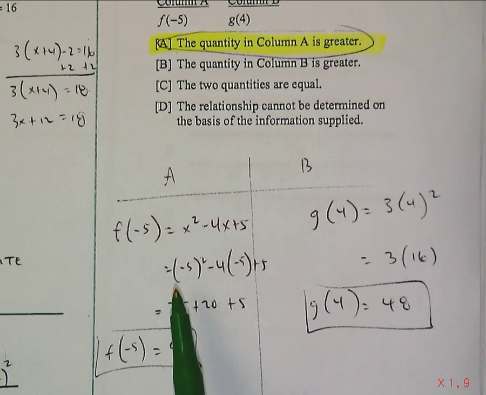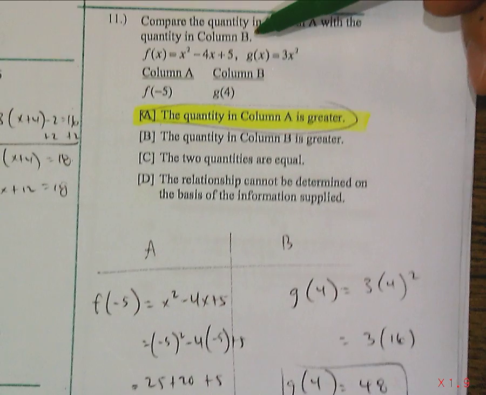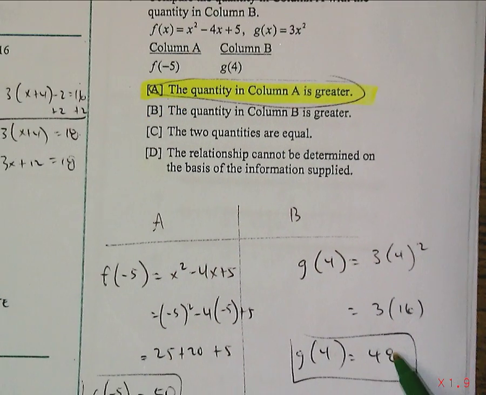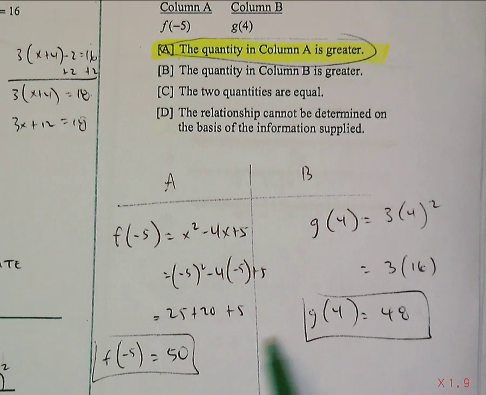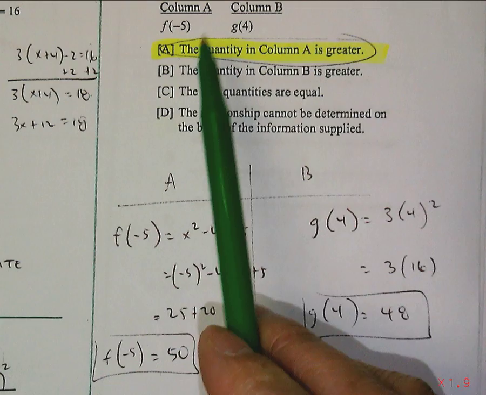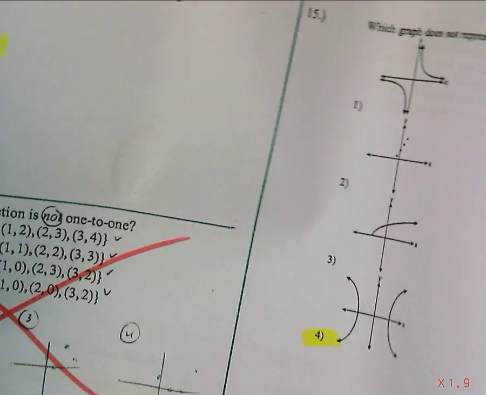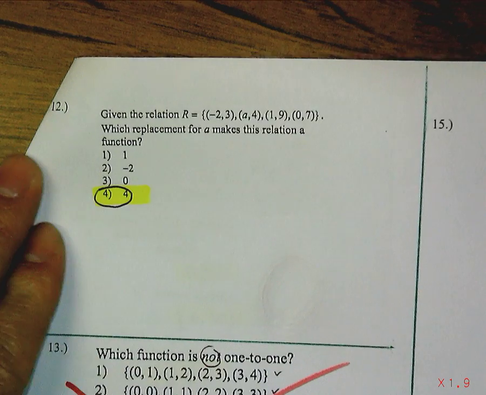Here's my work for column A, and I get f of negative 5 equals 50. G of x, substitute in 4, and I get 48. Therefore, if I compare my two columns, column A and column B, column A is larger. The answer is A.